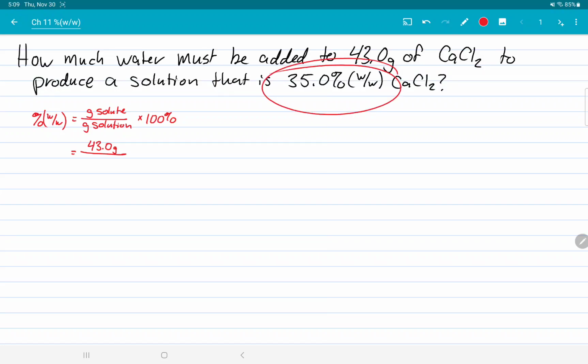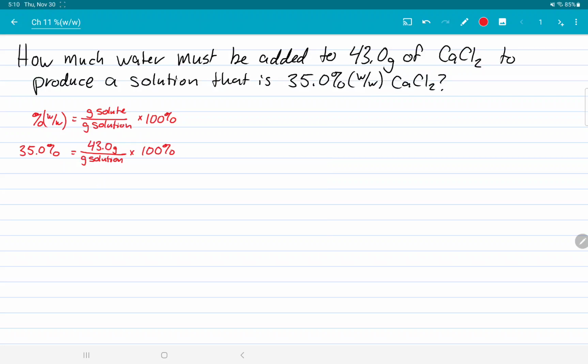And I know that the percent weight to weight is 35.0. So I could solve for my grams of solution. So rearranging this, I want to get grams of solution into the numerator by itself. So the first thing I want to do is move it to the other side.